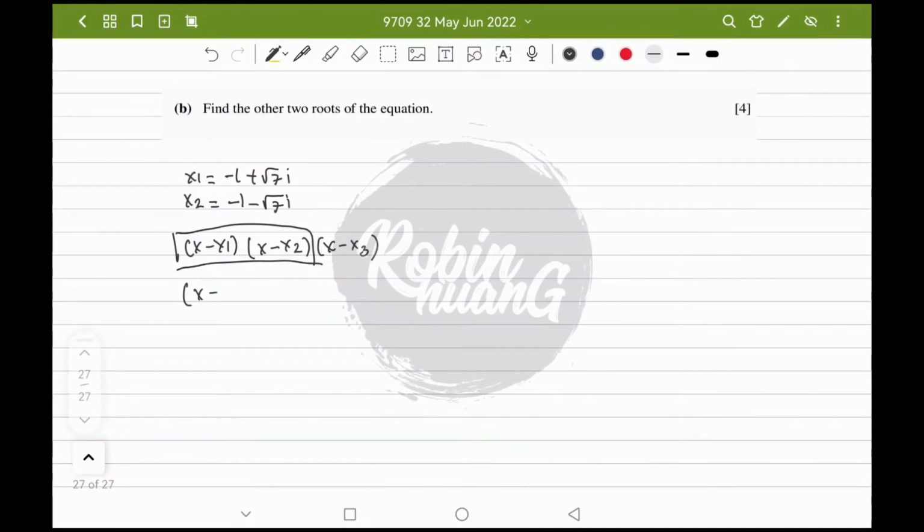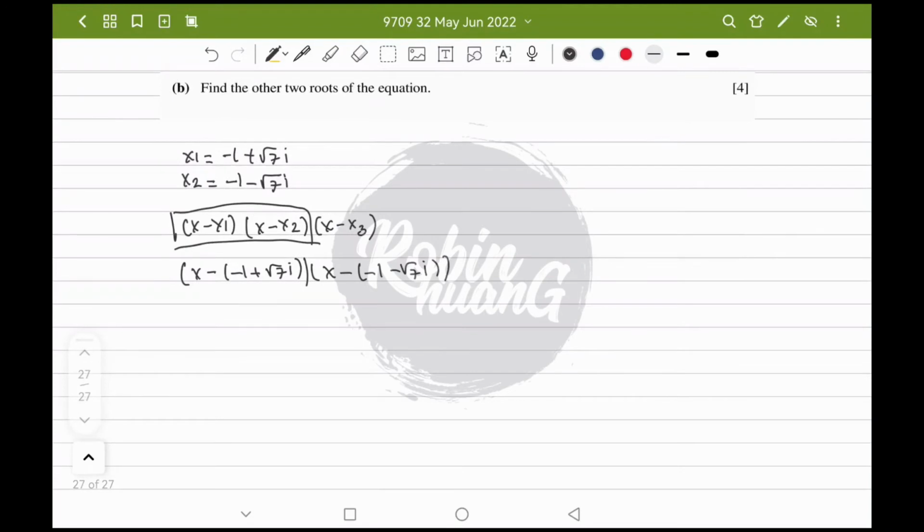So (x minus (-1 plus square root of 7i)) times (x minus (-1 minus square root of 7i)). Now let's do the multiplication.